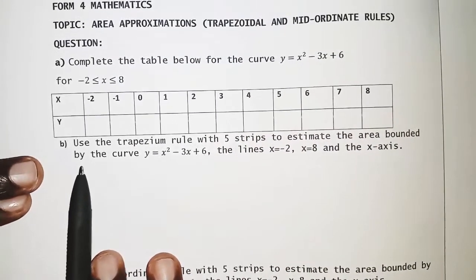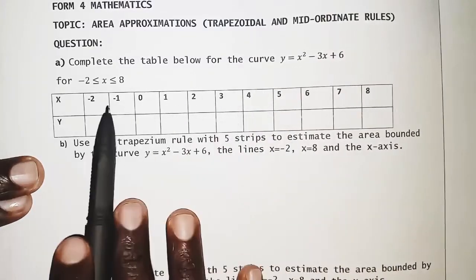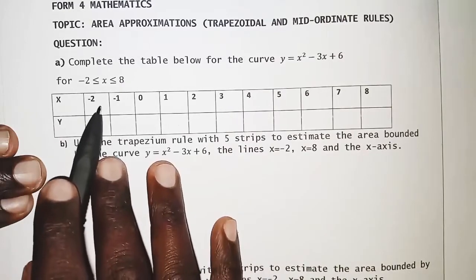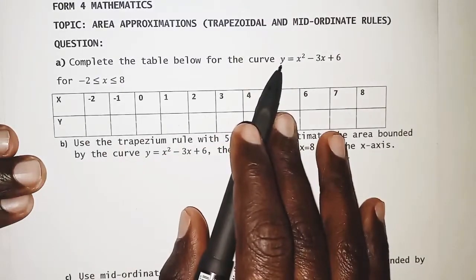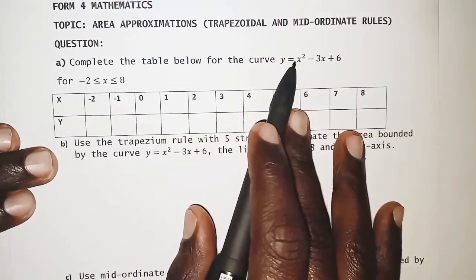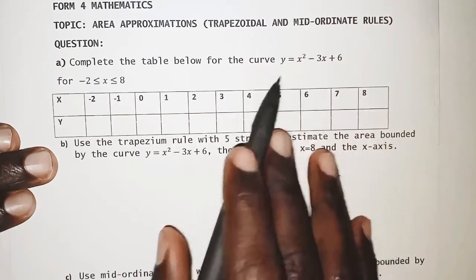First, we are going to fill the table. Let's complete the table for the given range of the values of x. So if x is -2, what will y become? We simply substitute the values of x in the function y is equal to x squared minus 3x plus 6.